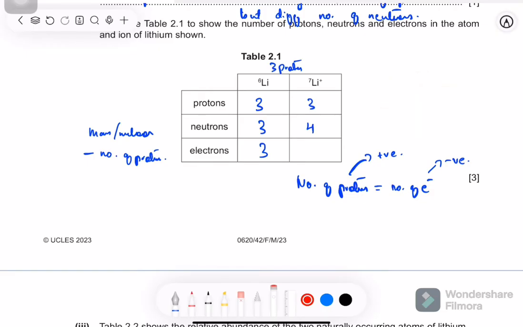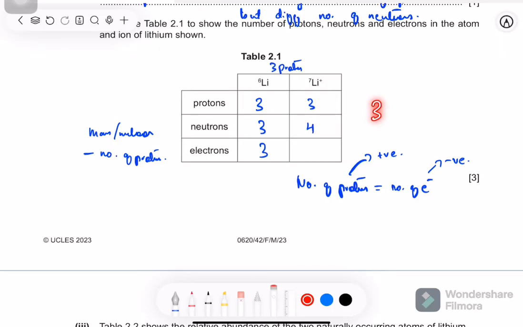But when there is a charge, there will be the same number of protons. The proton number never changes, mind you. The number of protons remains always the same. However, the electrons are transferred while reacting. So here we have a plus, indicating that there is one fewer electron than the number of protons. Let me be more clear. The number of protons is 3.